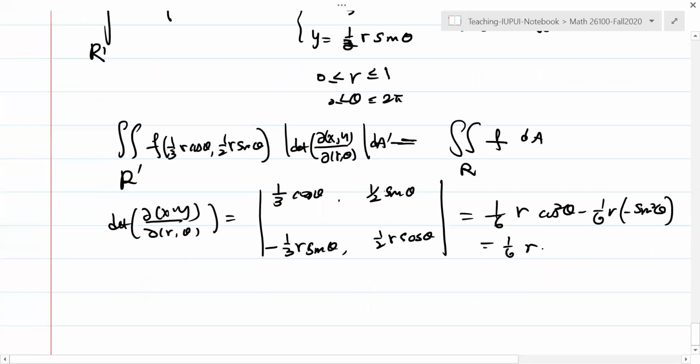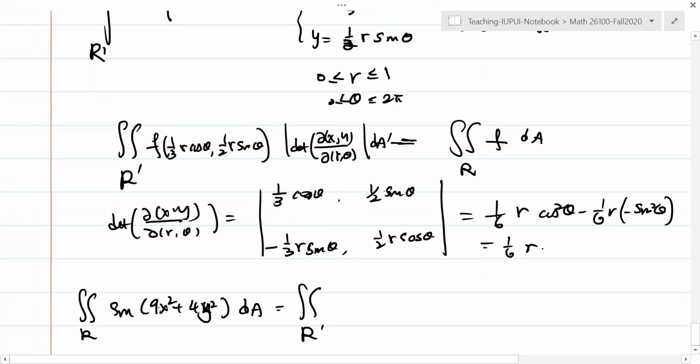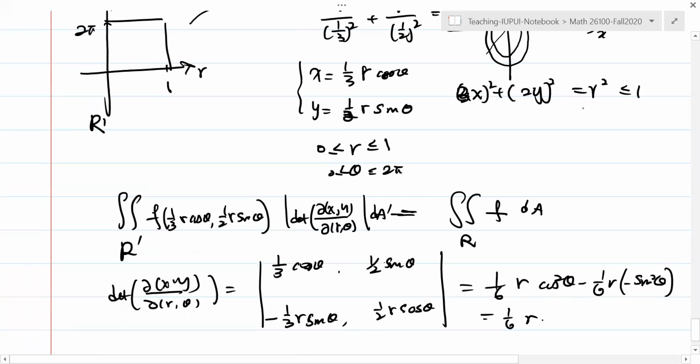So now it's clear. The double integral of this function, sine of 9x squared plus 4y squared, dA, becomes the integral over R' where 9x squared plus 4y squared is just r squared.